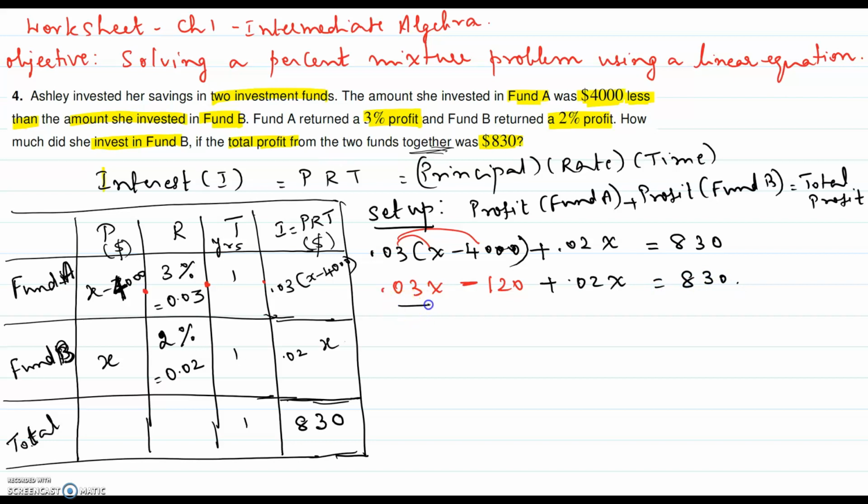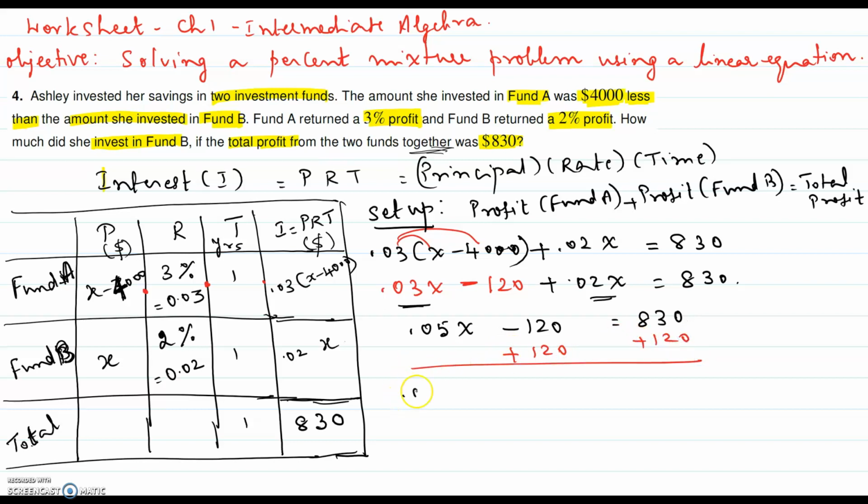Now we are going to add the like terms. There is an x term, there is an x term. 0.03x plus 0.02x will be 0.05x, minus 120 equals 830. Now we are going to isolate the x, so add 120 on both sides.